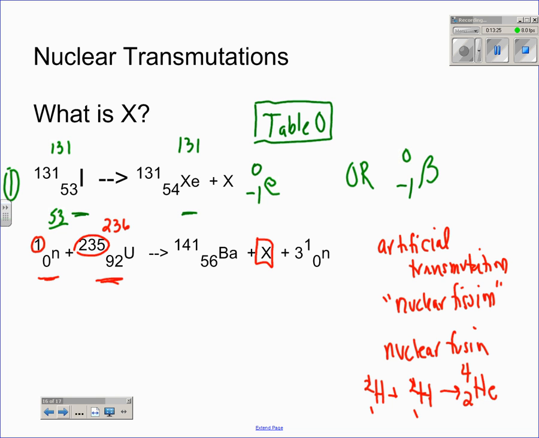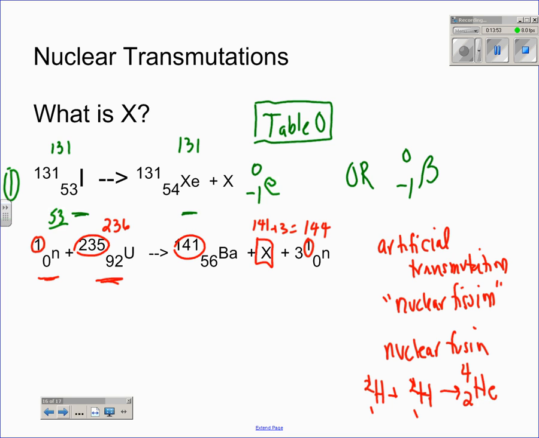On the product side, we see that we have a mass of 141 for barium, and we have 1 for the neutron, but we have 3 neutrons. So altogether, we have a mass of 3 for the neutrons. So we have to add 141 plus 3, and we get 144.